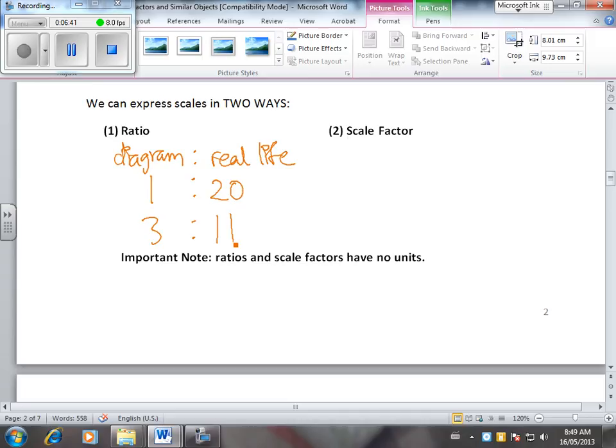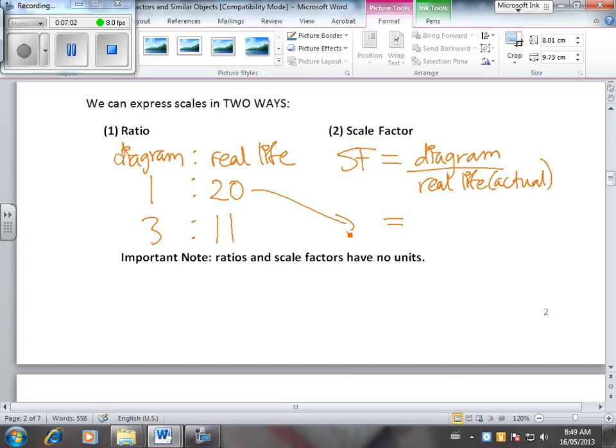Or we can use scale factor. And in scale factor, it's more of a calculation, and so we put diagram over real life, or actual. And so if we use this one here, it would be 1 over 20. And then we can calculate that, and that is 0.05. So that's our scale factor. Okay, so you can use the ratio or the scale factor. And again, ratios and scale factors have no units.